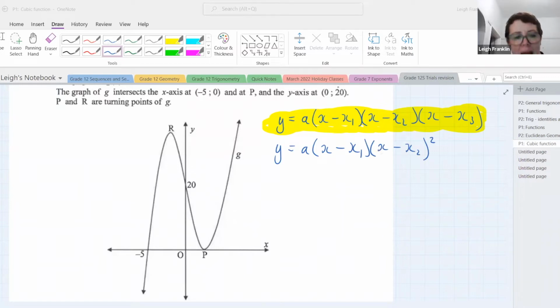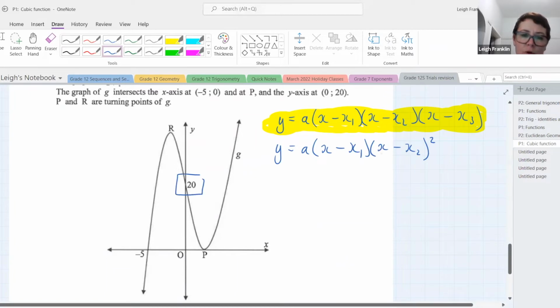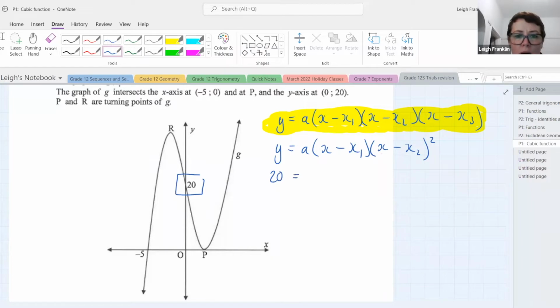Now what you need to do is substitute in the information that you have been given. You've got to work out the value of a first. So what they have told you is that when x is 0, y is 20.